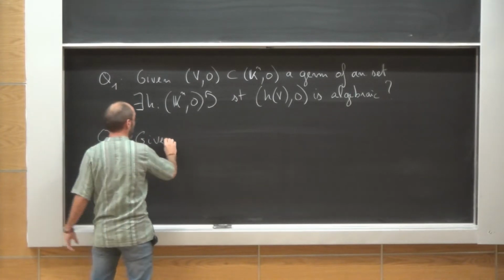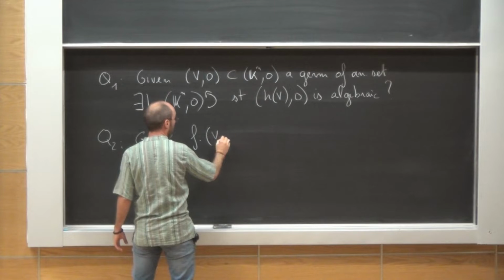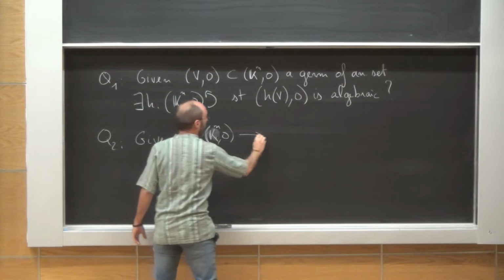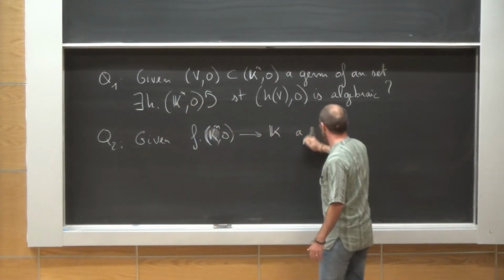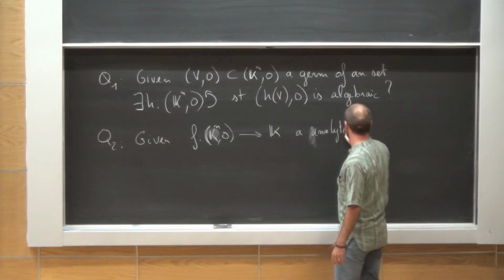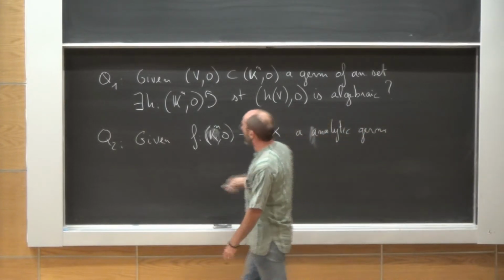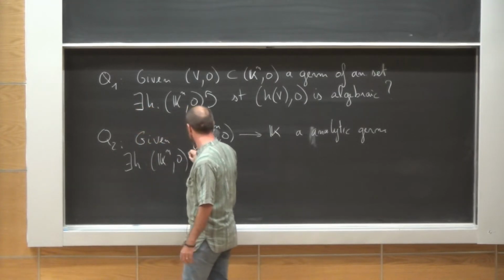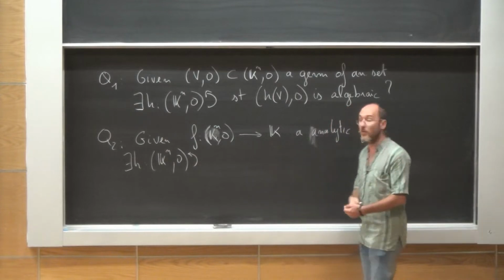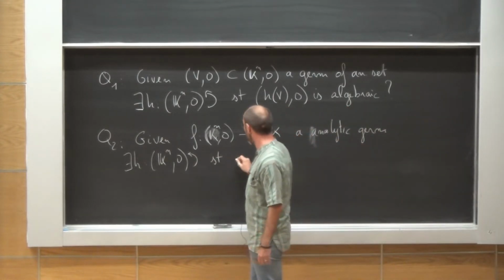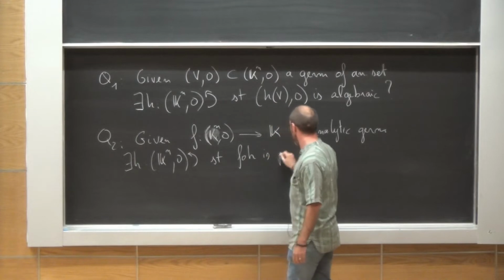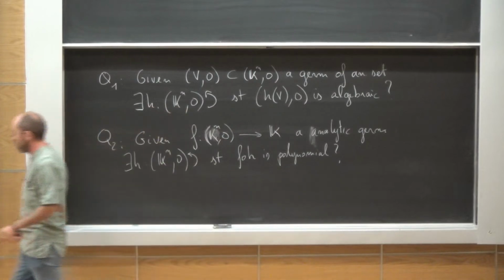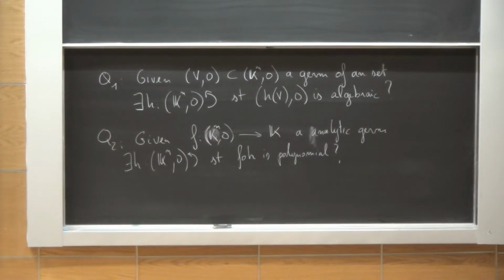So given a function like before, a germ of function f from K^n at 0 to K, an analytic germ, same question: can I find a germ of isomorphism from K^n into itself that composed with f gives a polynomial function? So that's the goal of the talk, it's to give answers to this question.